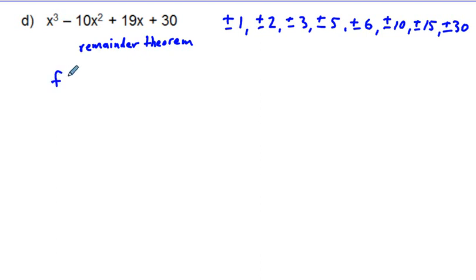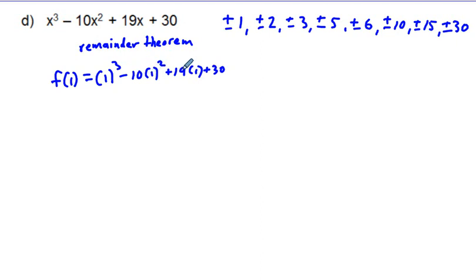So f of 1, and what this is, if we get 0, that means 1 is a real zero of the expression. So f of 1 is going to be 1 to the third power minus 10 times 1 squared plus 19 times 1 plus 30. So we're going to get 1 minus 10, or negative 9.